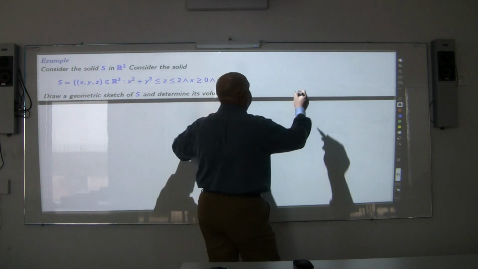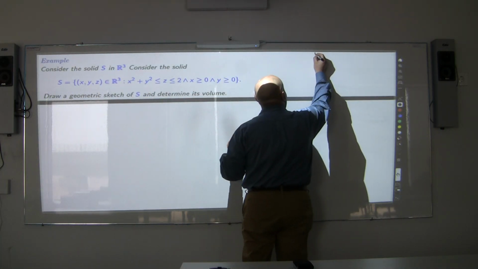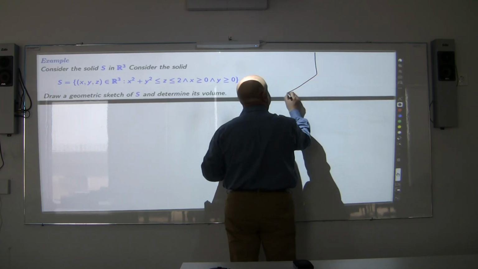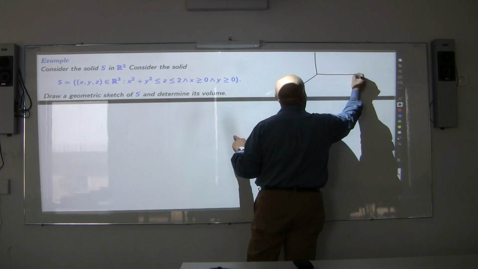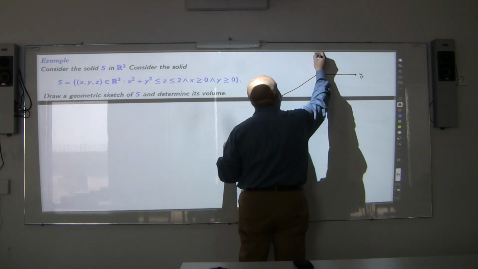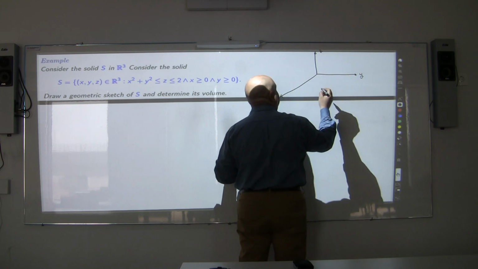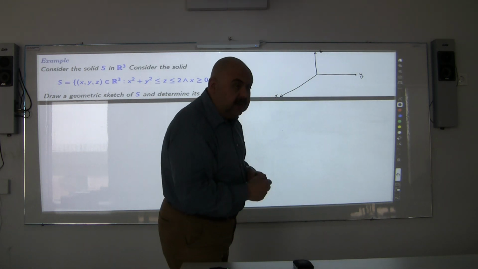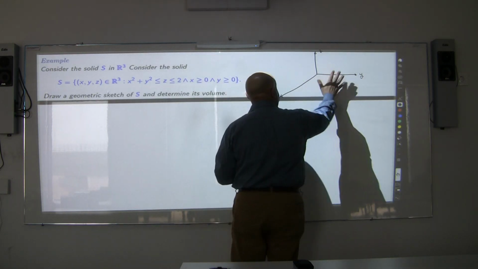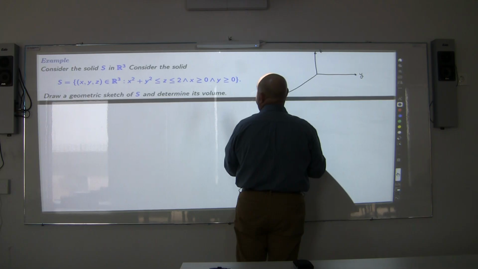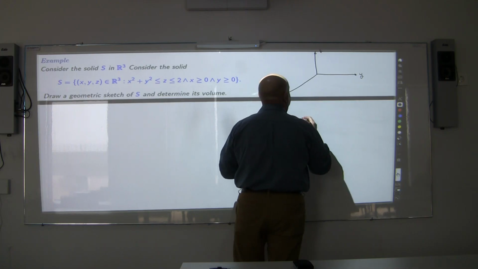I believe the shape of this paraboloid is going to be really very close to this. If I consider this is the y-axis, that's the x-axis, and that the z-axis, and let's consider the walls of the part that we are dealing with, which is governed by x greater than or equal to 0.